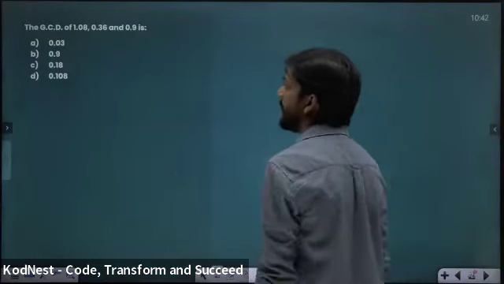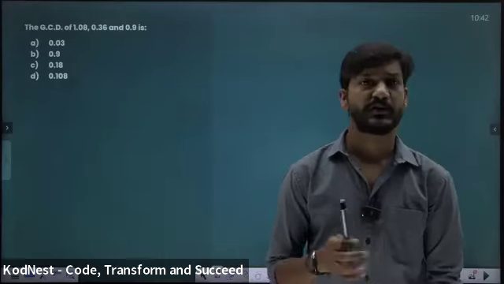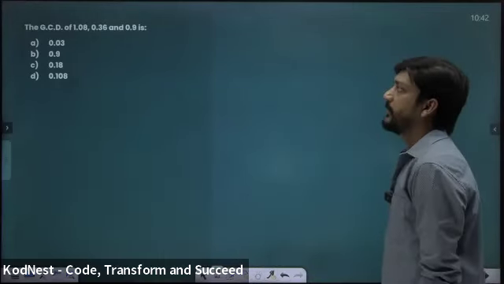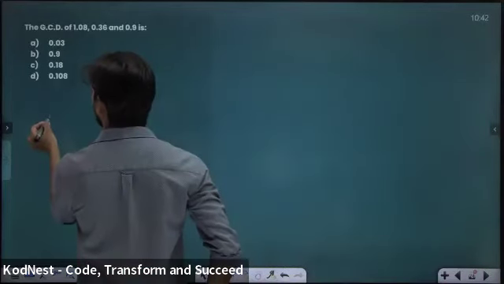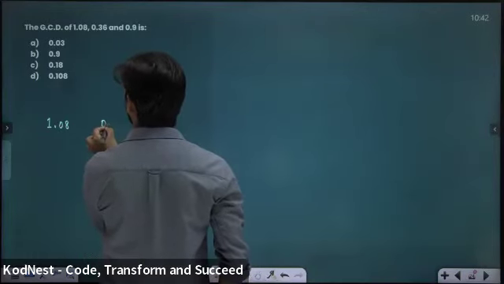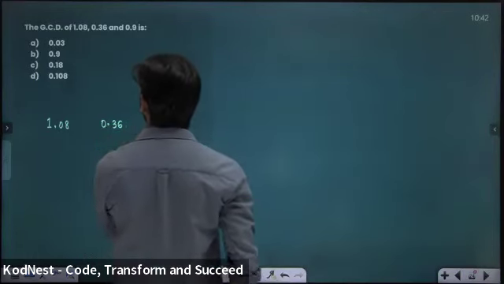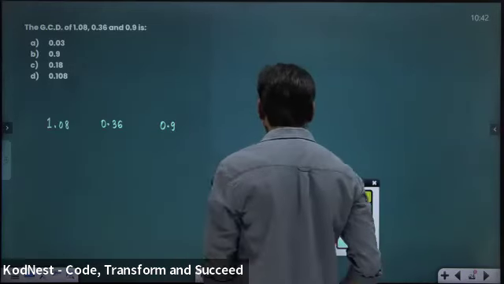Okay. If numbers are decimal numbers, then how do we have to do it? Just one more case. First, you will write the numbers 1.08, 0.36 and 0.9.